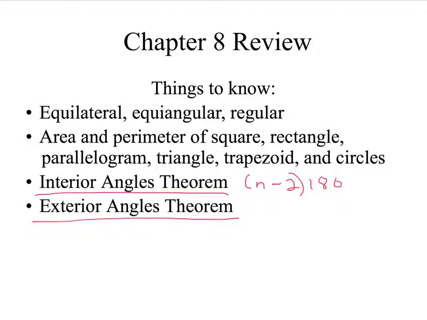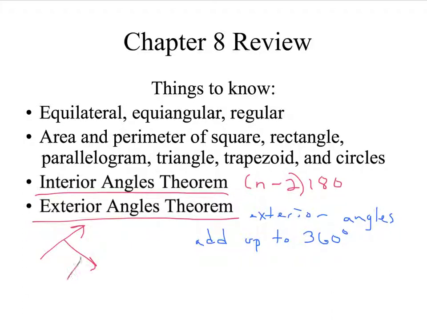Whatever it is, the exterior angles add up to 360. Those are the extended ones that look similar to this. And all of these angles here would add up to equal 360.